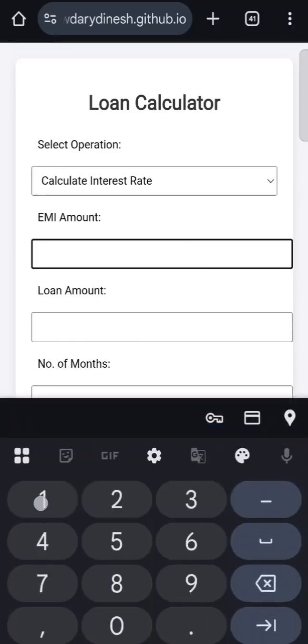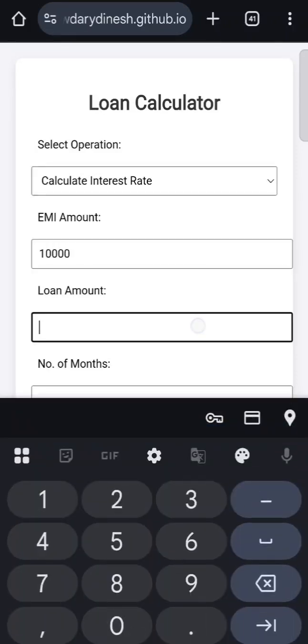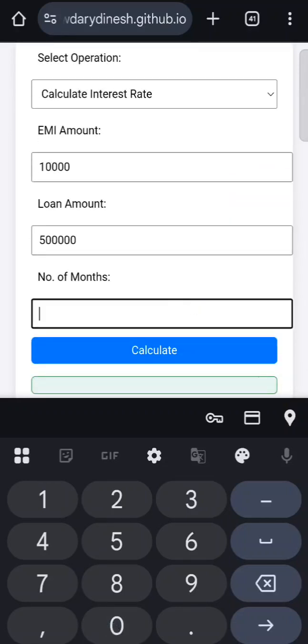I'm just entering that amount, 10,000, and the loan amount, let's say he has taken 5 lakhs, and the tenure of this particular EMI is, let's say, 5 years, so 60 months.